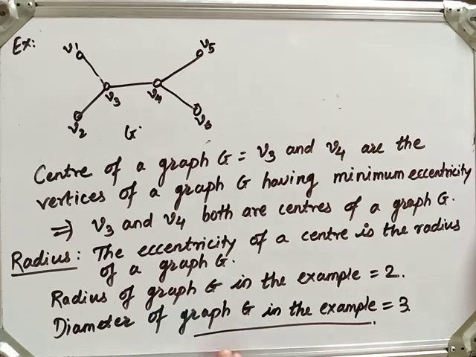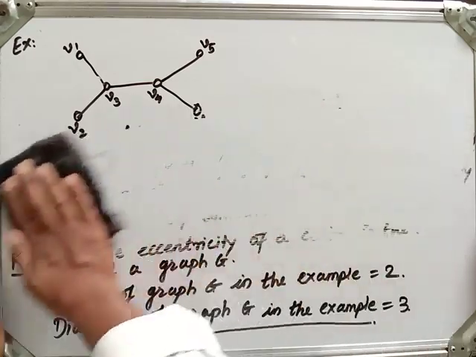In general, we know the relation between radius and diameter. Diameter is twice the radius, or radius is half of the diameter. But here, if you look at it in a graph, it is not necessary that the diameter is twice the radius, right? So here we can write this as a note, write it down as a note.